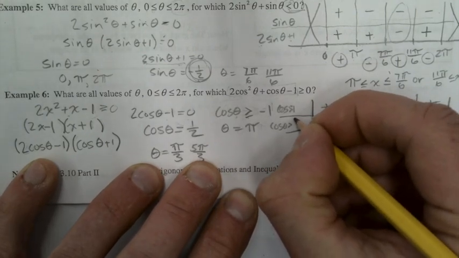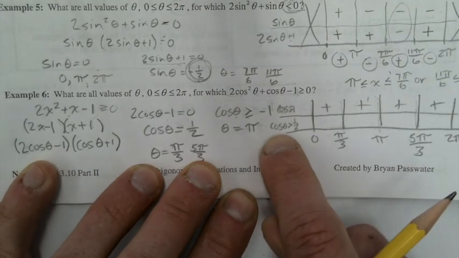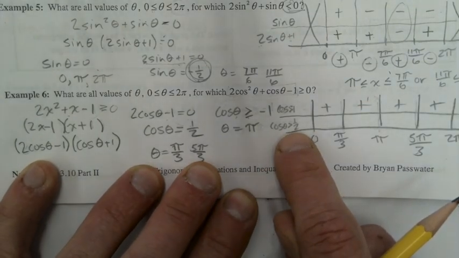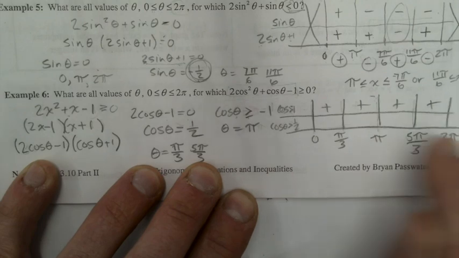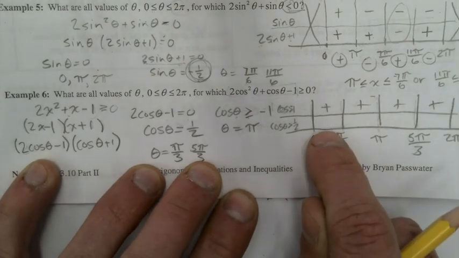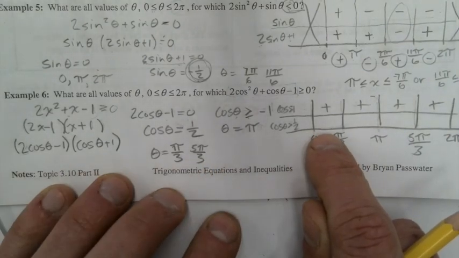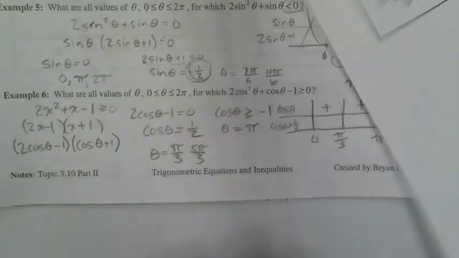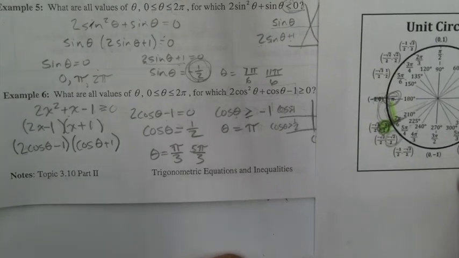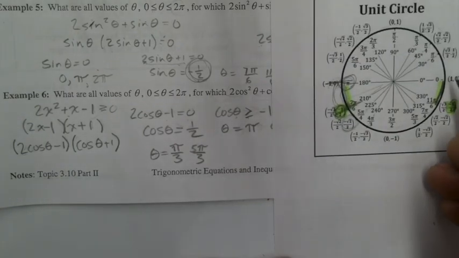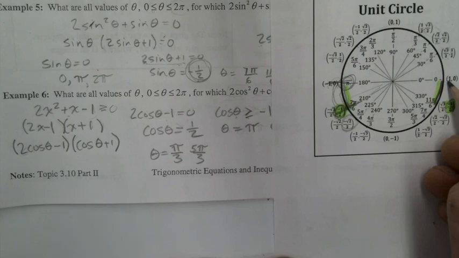Now, the second equation, the 2 cosine of theta turned into cosine of theta had to be greater than 1/2. If cosine of theta gives you a value greater than 1/2, you put a positive because it's going to be greater than 0 when you plug it in. So let's go ahead and think about cosine values, x values that are greater than 1/2. In this case, starting at 0, we're at 1 for cosine.